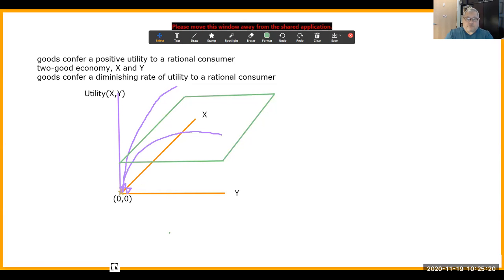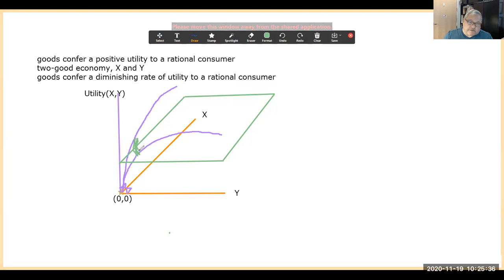Okay, that's called a plane. And this plane creates a cut on this purple surface. And because the surface is curved and not linear, the cut that is made is also curved.